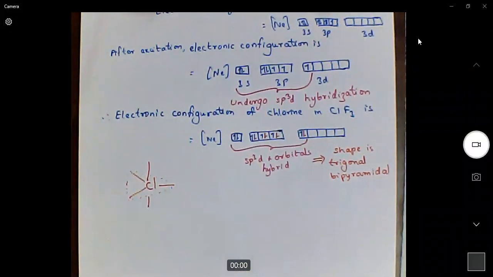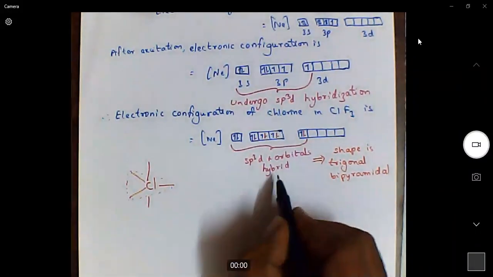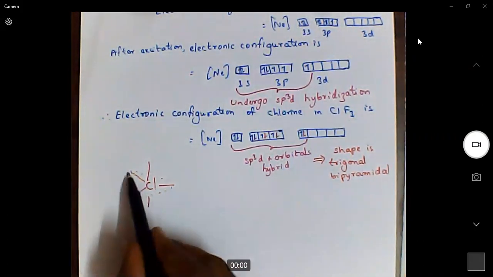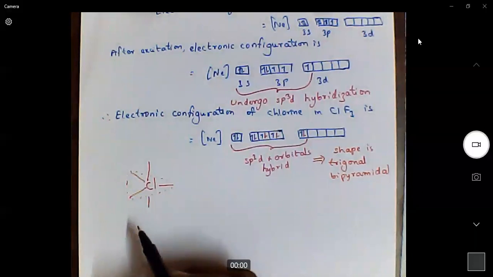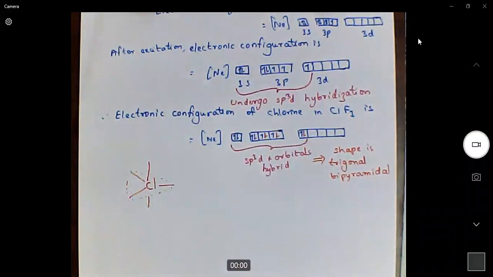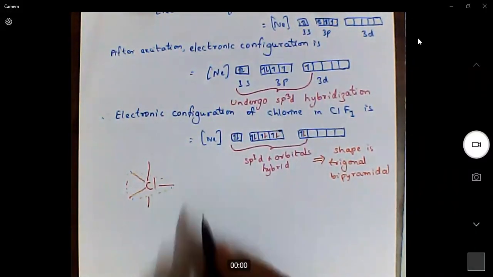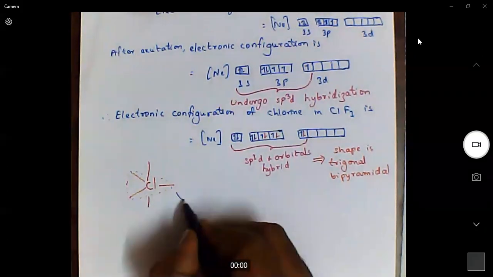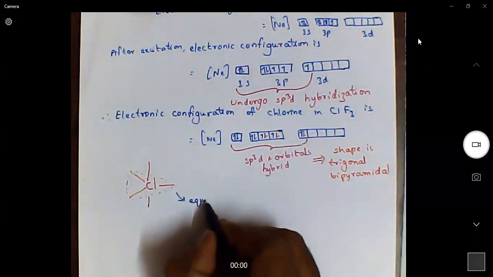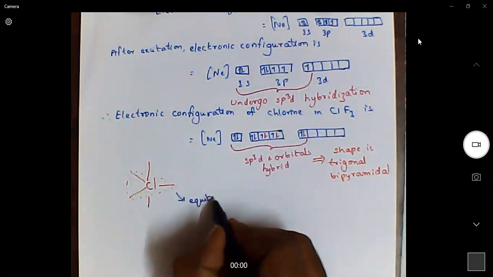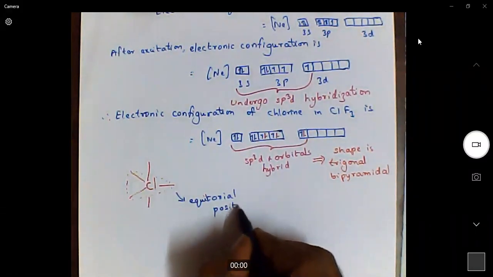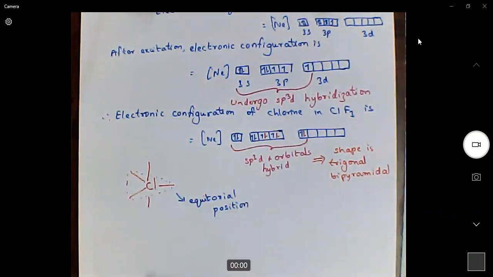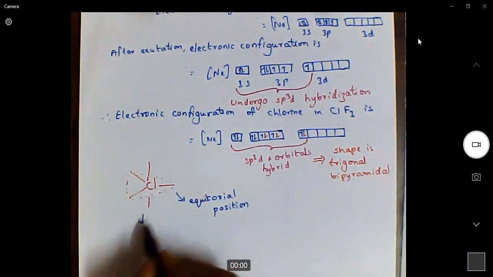Now in the trigonal bipyramidal shape, we have 5 positions: 3 positions in the triangle and 2 positions, one above the plane and another below the plane.